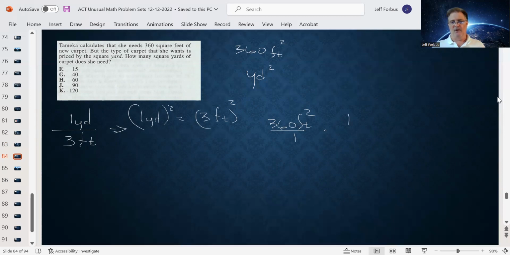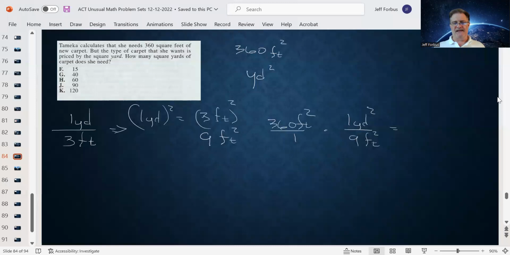So we're going to have 1 yard squared over, well, I forgot to square my 3, so this is actually 9 feet squared. Do the math.